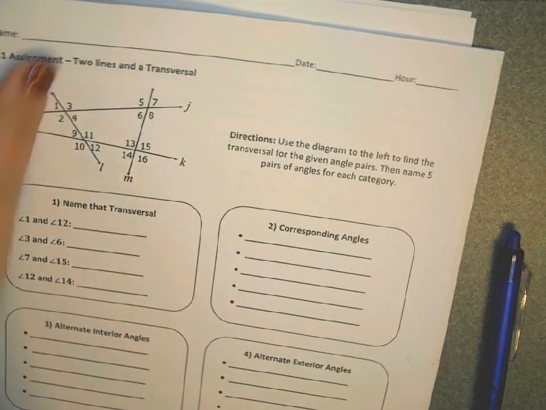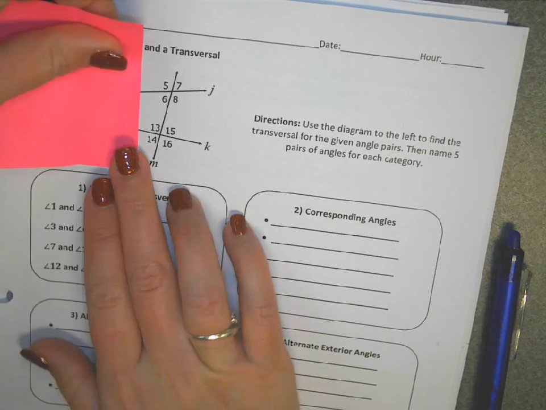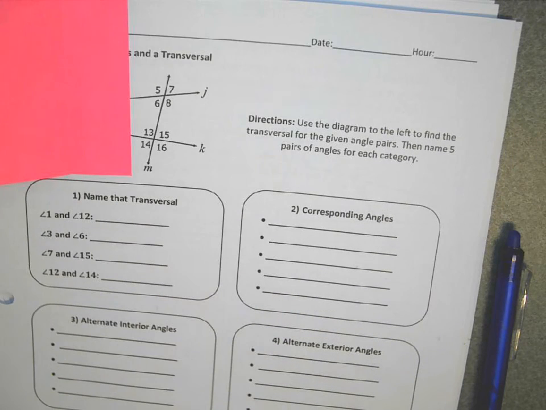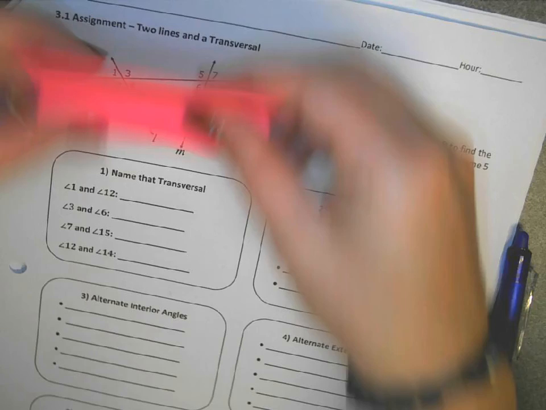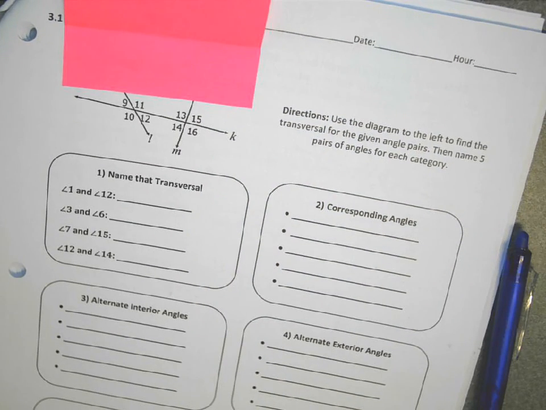If you go to the next page, there are 2 lines in a transversal, actually 4 different times. It may help, and I will come around with Post-it notes, if you use a Post-it note to look at one transversal at a time. So in this part, there's a transversal. You could cover up the top half, and you'll see that there's a transversal.